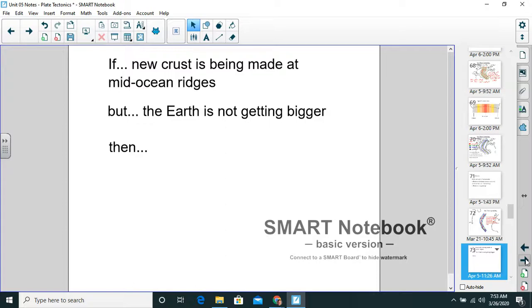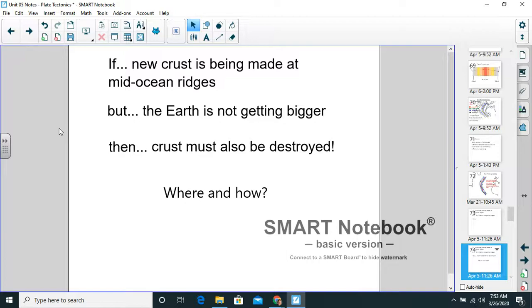I hope that you are trying to think of an answer to that. It seems like there must be somewhere else where the crust is being destroyed. Because if we were just adding crust, the Earth should be swelling up like a balloon that's being inflated. But if we're making new crust and somewhere else the crust is being destroyed, then we can have, here's that word again, equilibrium. Remember that word?